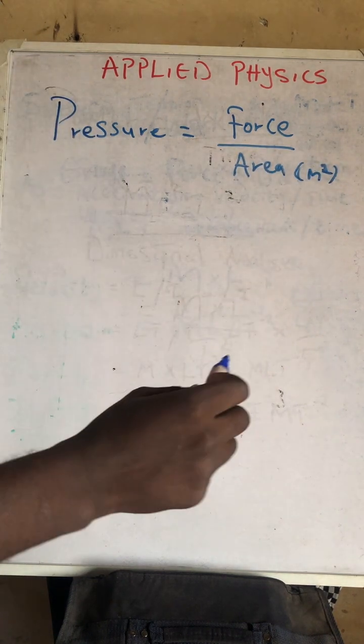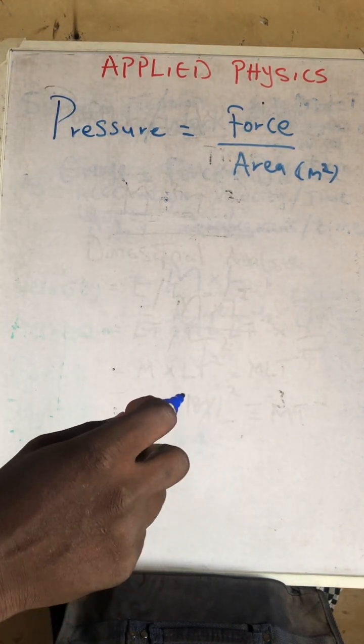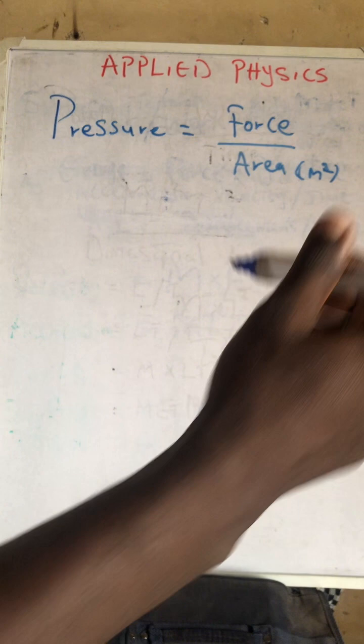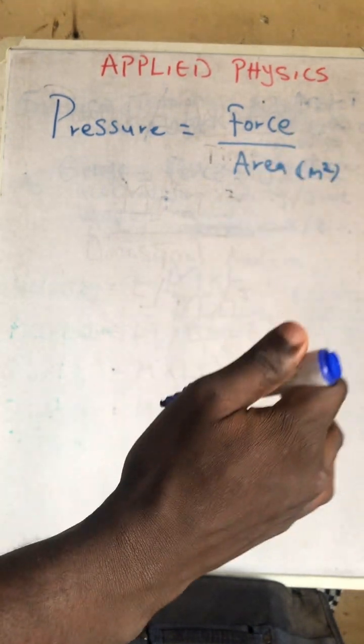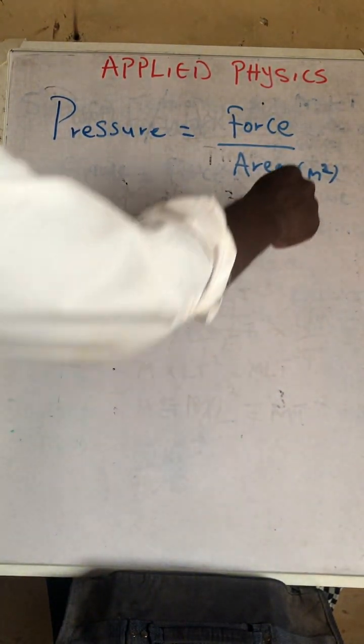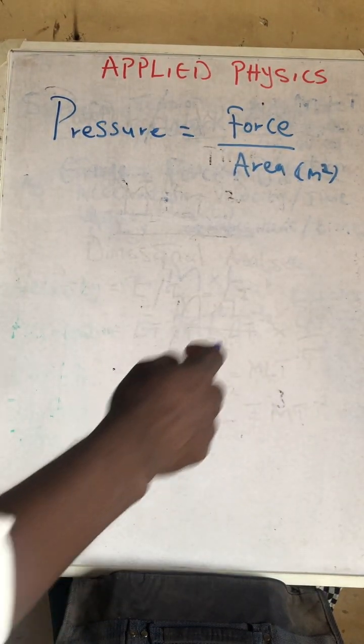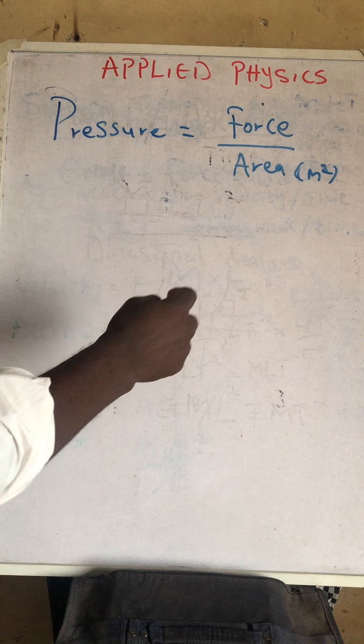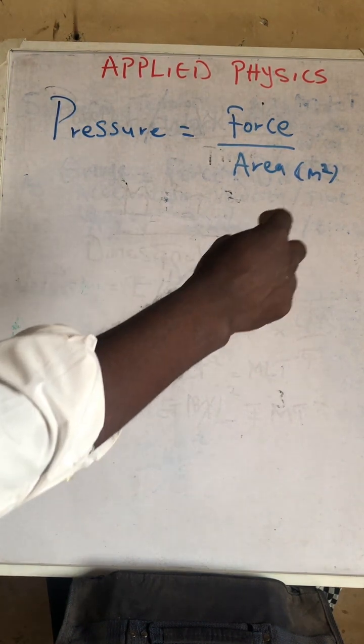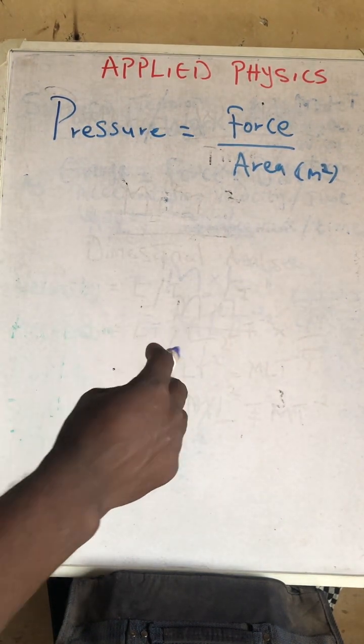The link I sent to you, the first video I sent to you, you will see where I gave some derived units and fundamental units, and I also gave their units of measurement.